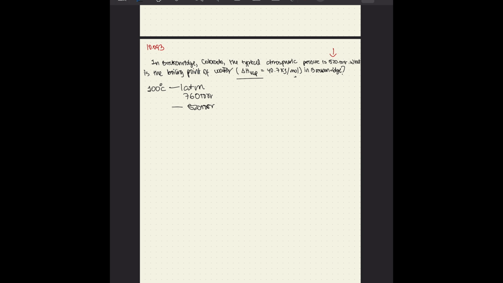Since they're giving us pressure, I believe we will have to use this equation. We're looking for T1, the temperature associated with 520 torr.